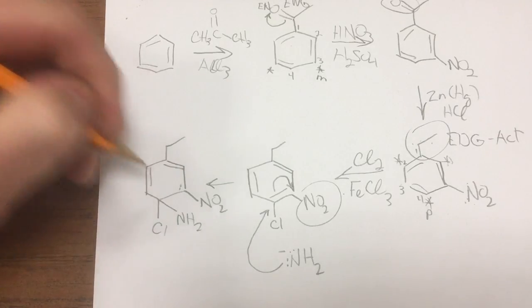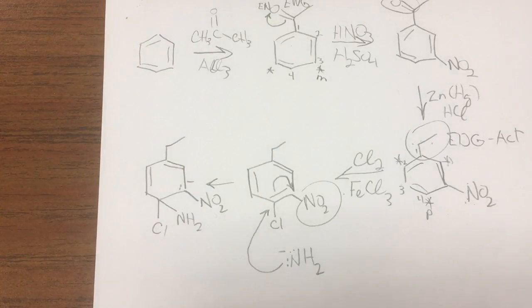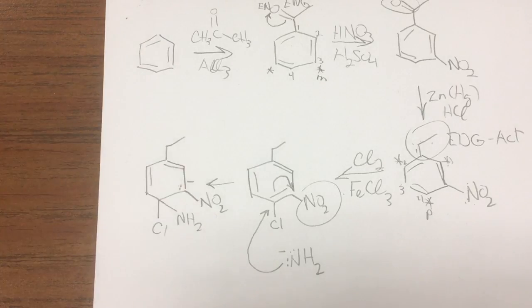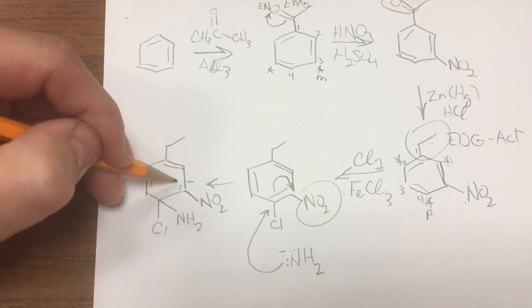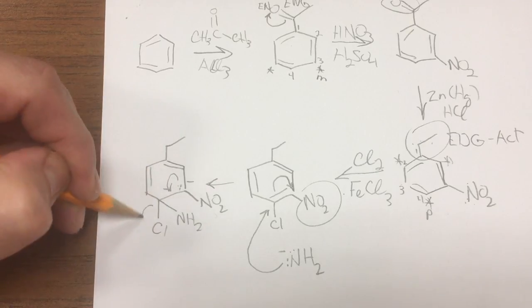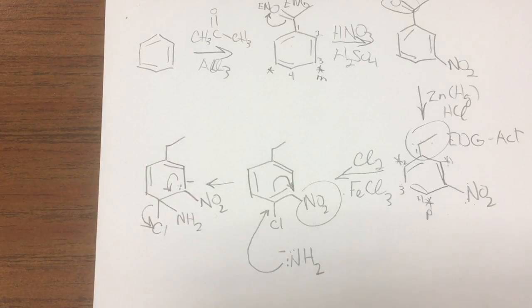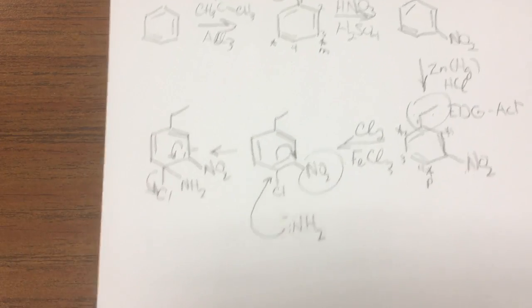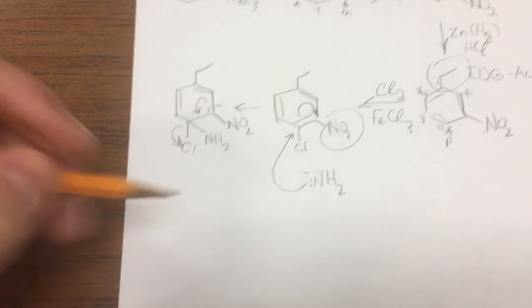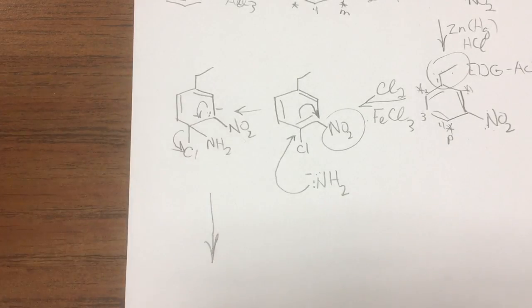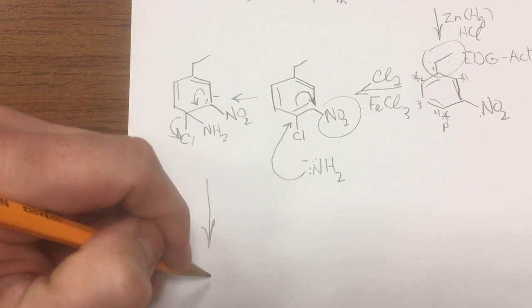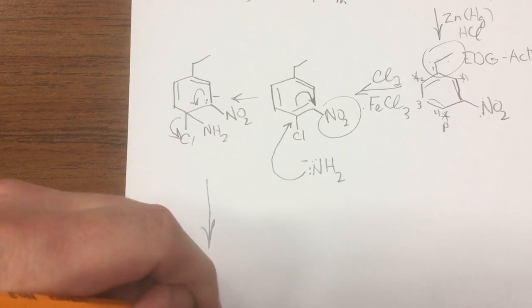And these bonds are still intact right here. So now this nitro group is stabilizing that negative charge. But the next step is to reform the benzene ring, and we have an NH2 that has substituted for the chlorine.